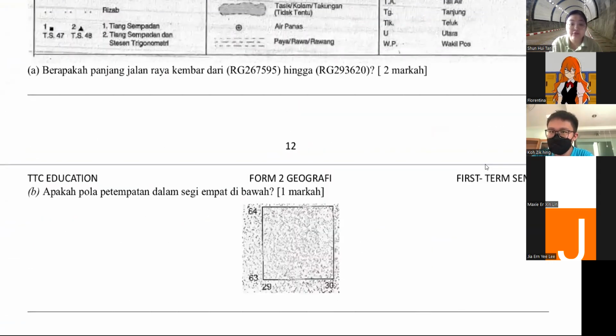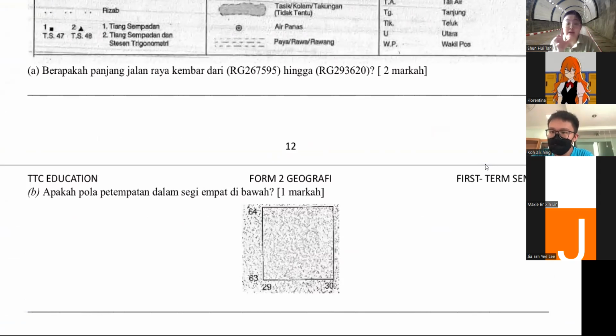All right, the first question, you see, this is how they normally ask you. Berapa panjang jalan raya? How long is the jalan raya dari 267,595 to 293,620? They gave you two rujukan grid. So we've got to find out where exactly the place is first.